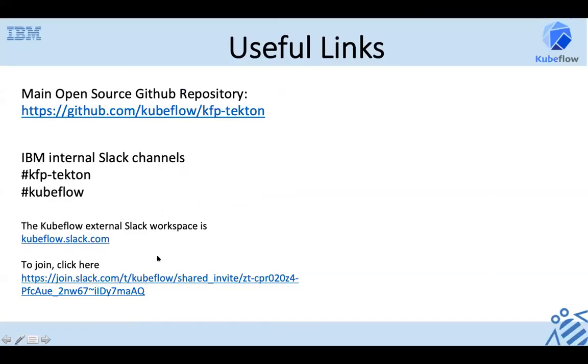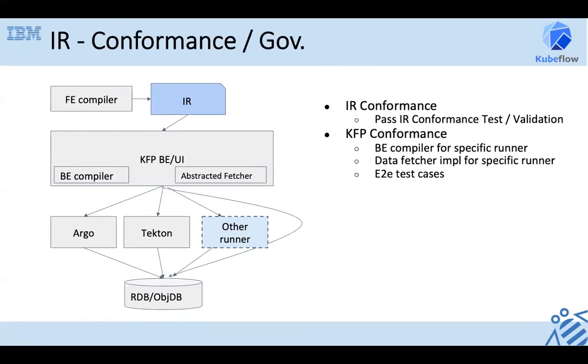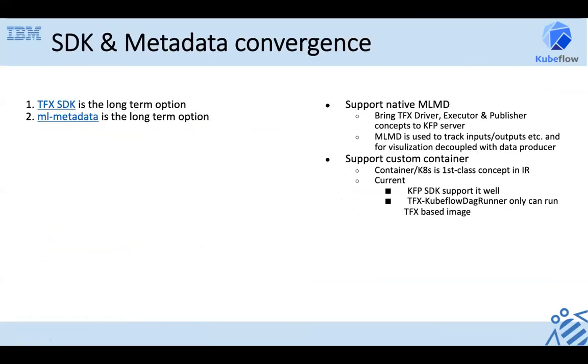What about TFX, KFP, and KFP Tekton? I think if you watch the presentation, I went into that in my last few slides. At this point there is an SDK and metadata convergence. The same metadata collection mechanisms are behind both Kubeflow pipeline and TensorFlow pipeline, and the same SDK.